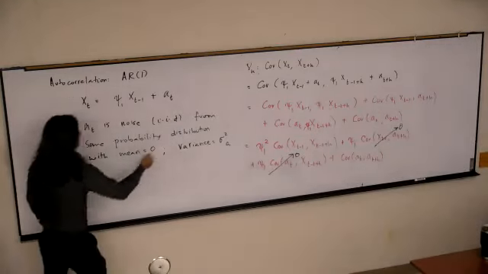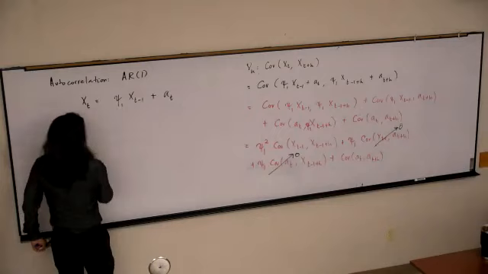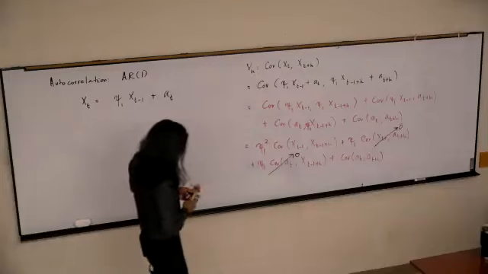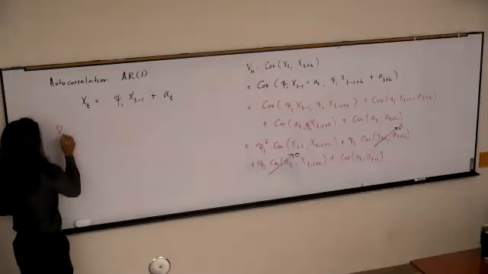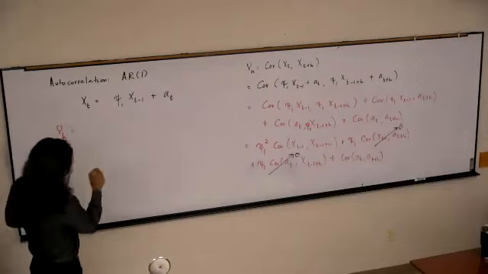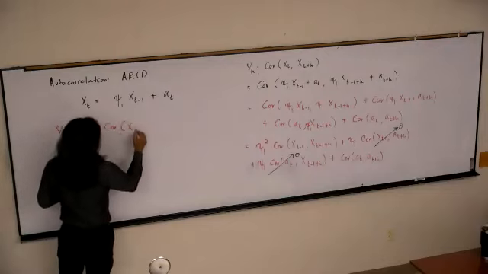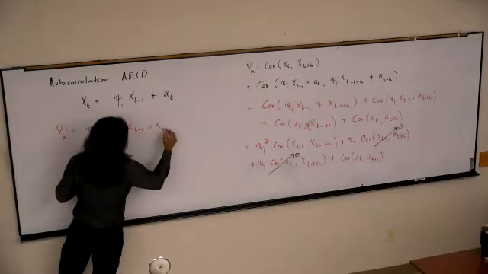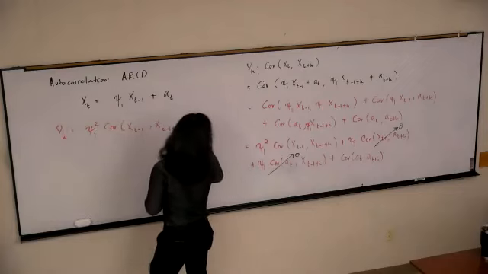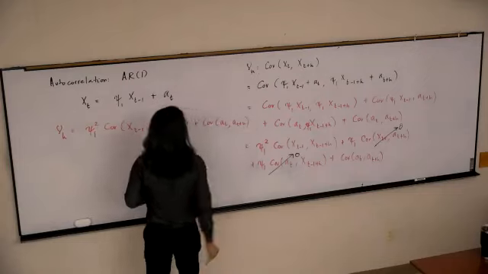We're looking at the variance of editing. It's important. Okay, so I have gamma of h equal to psi 1 squared covariance of xt minus 1, comma xt minus 1 plus h, plus covariance of AT, comma AT plus h.